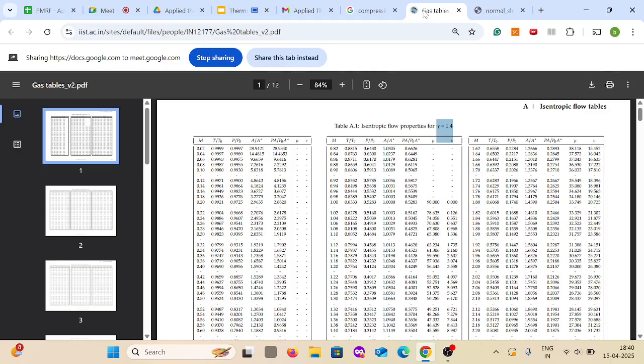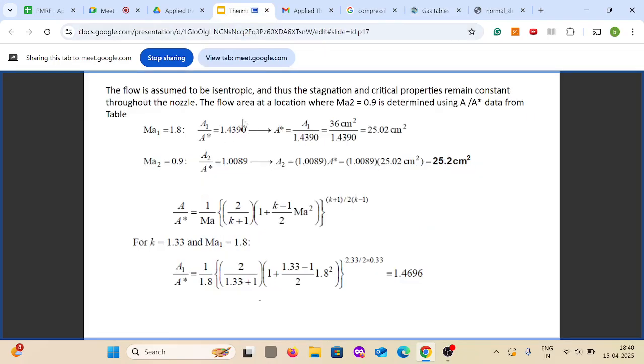From the table we will go to 1.8. The area ratio is 1.439. So for 1.8, the area at that location where Mach number is 1.8 divided by the area of the throat section is 1.439.